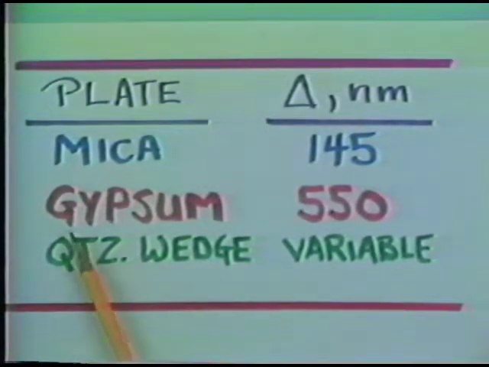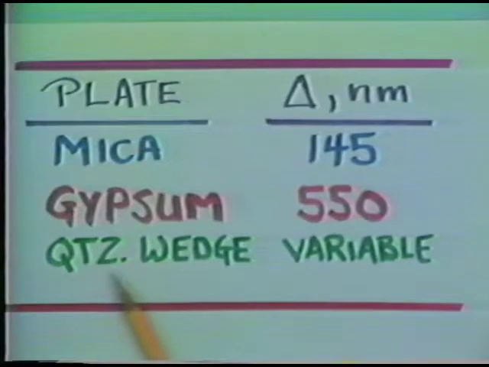The gypsum plate has a retardation where the 1 lambda refers to the middle really of the visible light spectrum, or a retardation of 550 nanometers. And the interference color that you observe with a gypsum plate by itself is a second order red interference color, 550 nanometer red interference color.